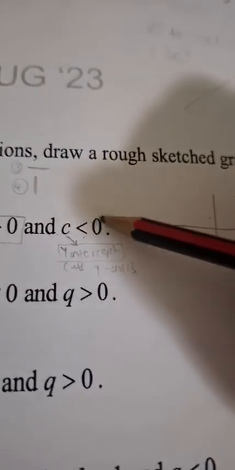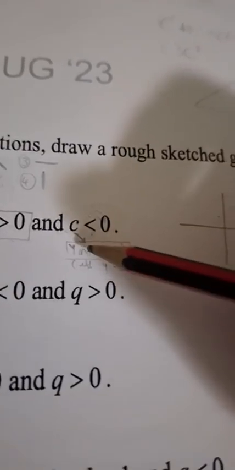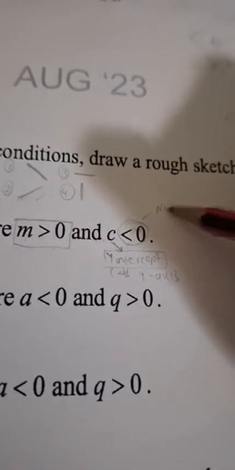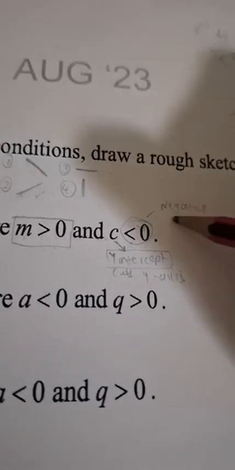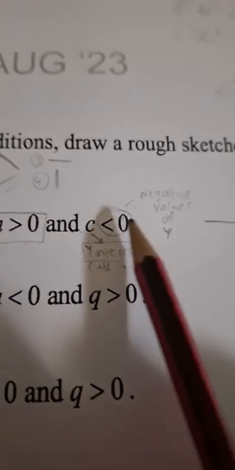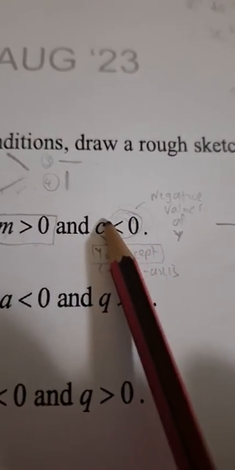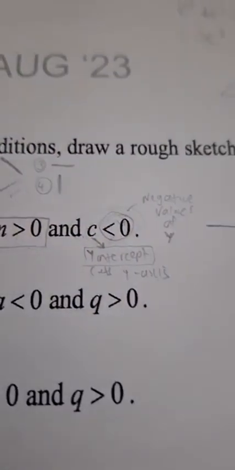I repeat, if c is less than 0, it means that our y-intercept, where the graph cuts the y-axis, will be at the negative values of y. I'm going to write that down. Negative values of y. So I'm hoping you guys understand. Had they said c greater than 0, we would be cutting the graph at the positive values of y.